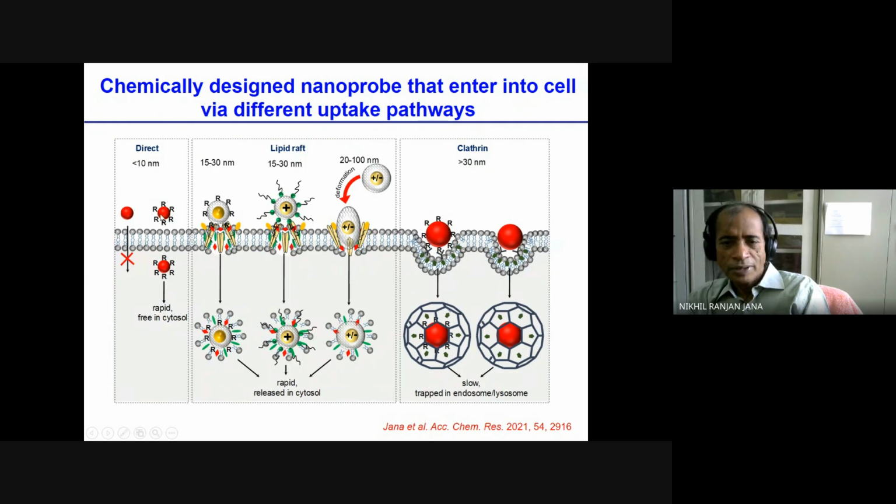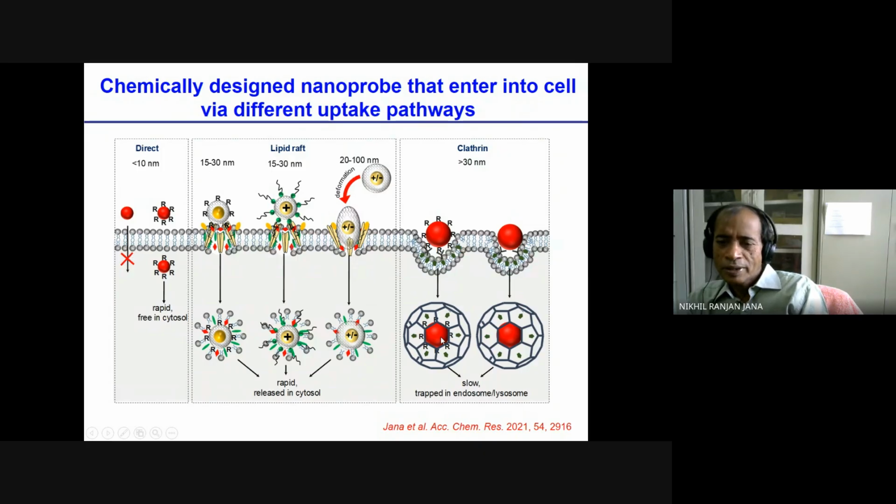And different uptake means endocytic or non-endocytic uptake. And these uptakes can control their processing, like intracellular processing. They may be trapped or they may be free. So all this depends on design, size.